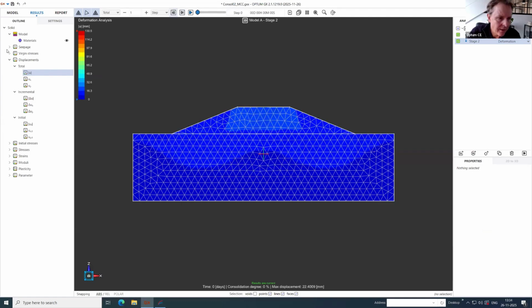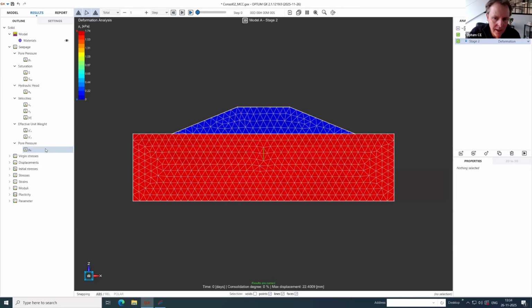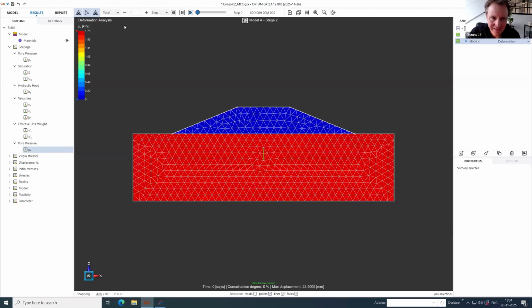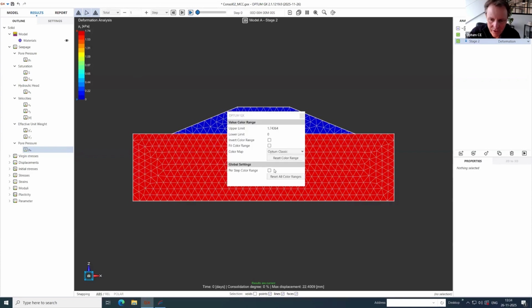We could also look at the excess pore pressures. And here there's a little bit of a funny thing, because you can see the color scale up here is set to the last stage, where the excess pore pressures are very small. They are, of course, largest in the first step, and we can change that, there's another setting, per step color range.